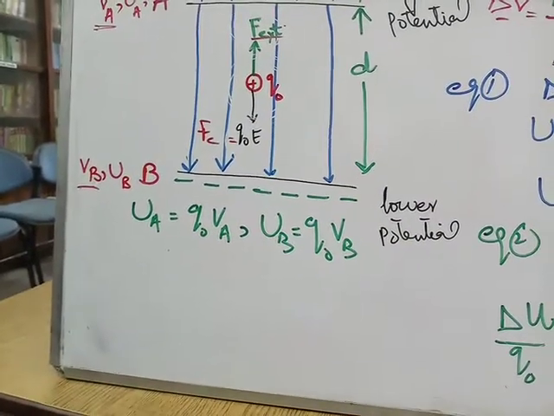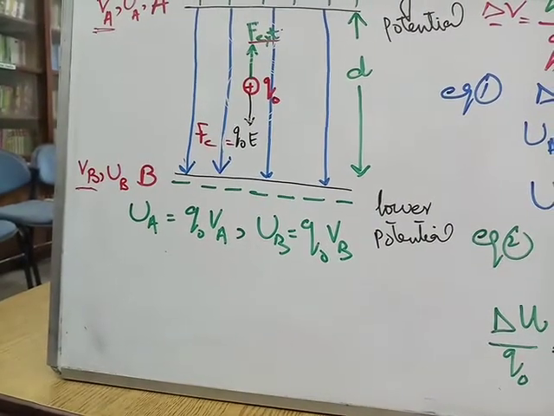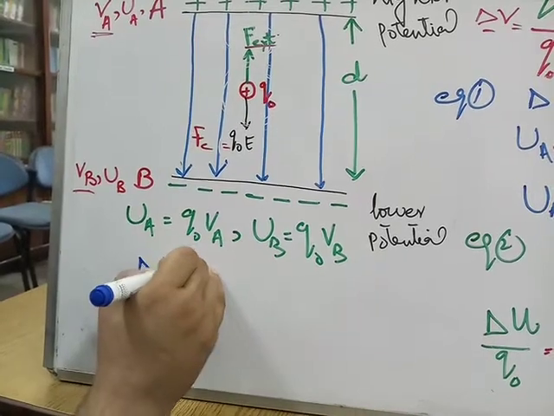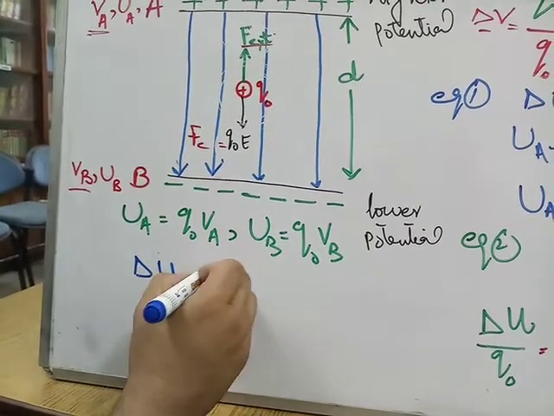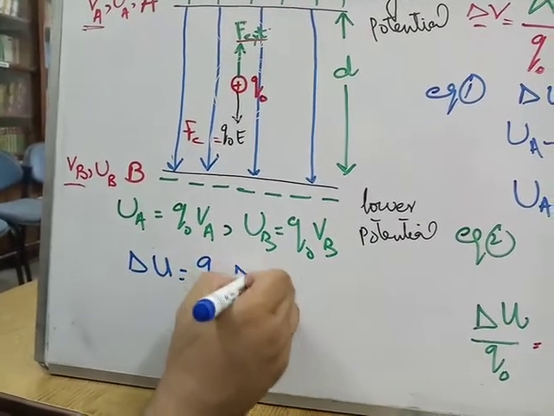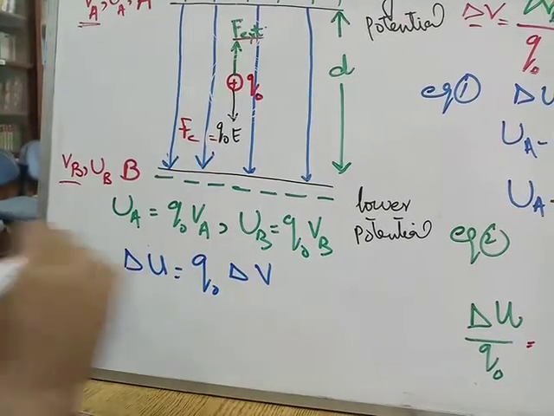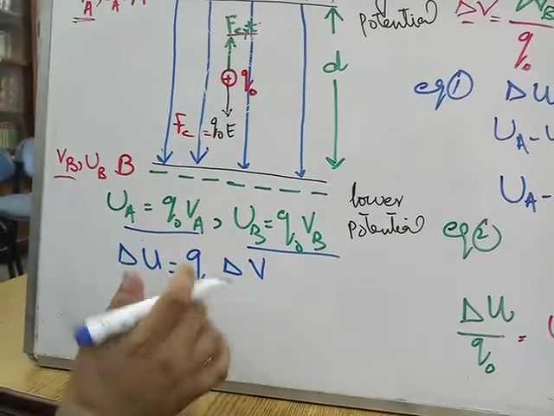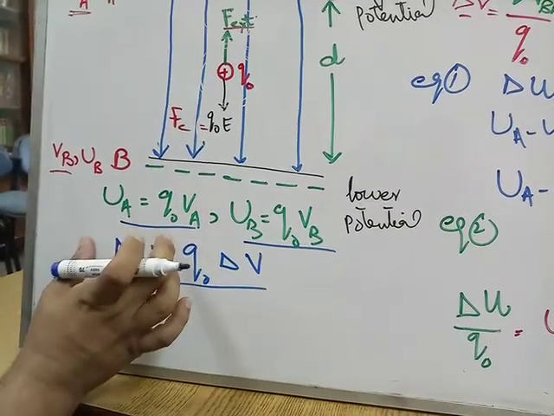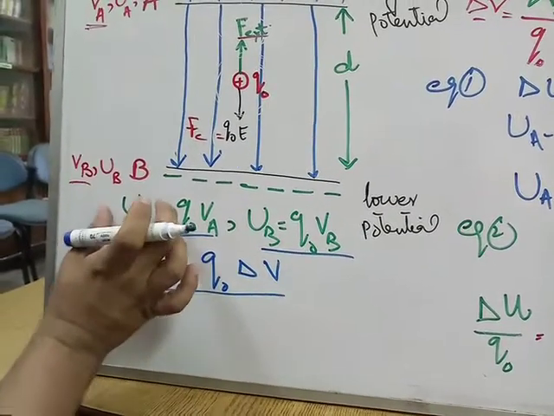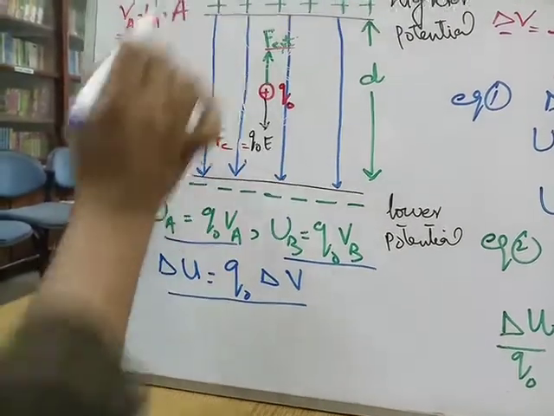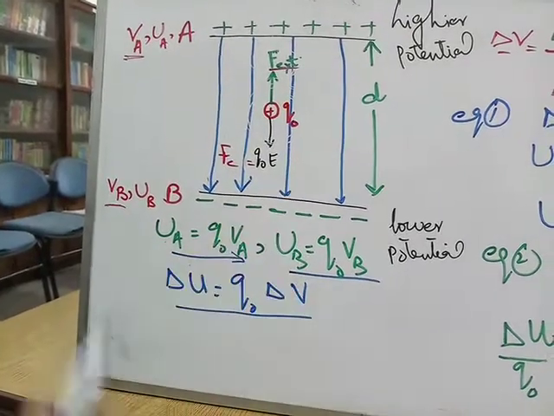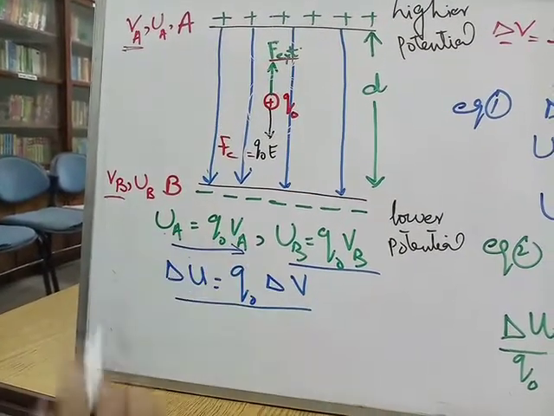So from here we can write this equation: delta U is equal to Q naught into delta V. From these above equations, we can write this in general form. This is the change if we use potential energy at plate A, so for that we use the potential of that plate.